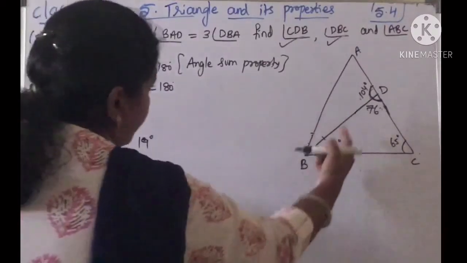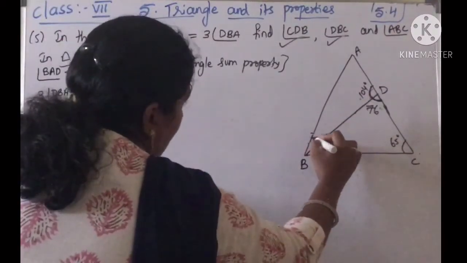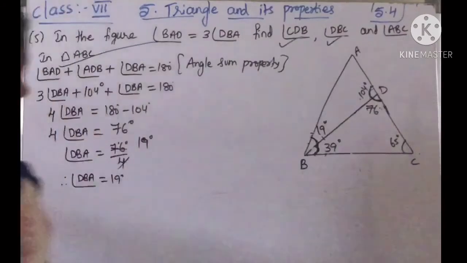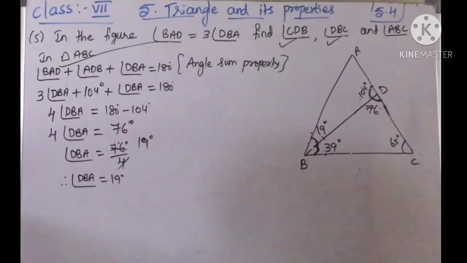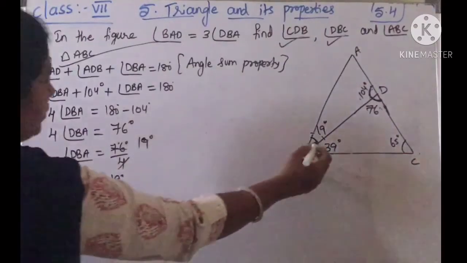So here, this one you got 19 degrees. Now we need to find the value of ABC. The full one.